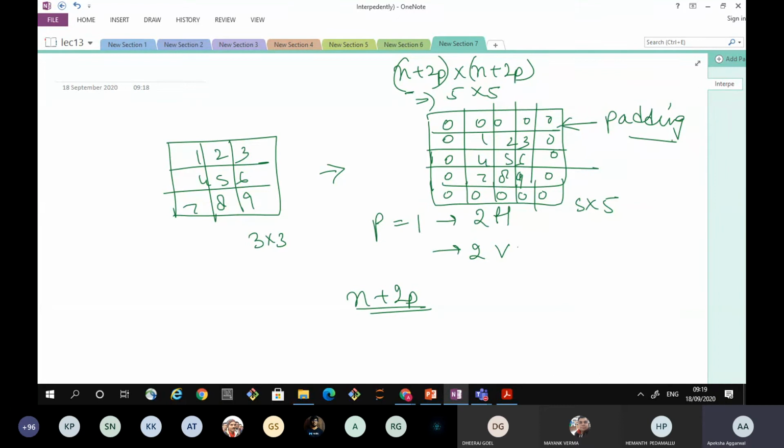Basically we are adding one row at all the edges of the image, so zeros on the leftmost and rightmost side and the topmost and bottommost side. So my 3 cross 3 image is converted to 5 cross 5. Now I can apply the filter over it.